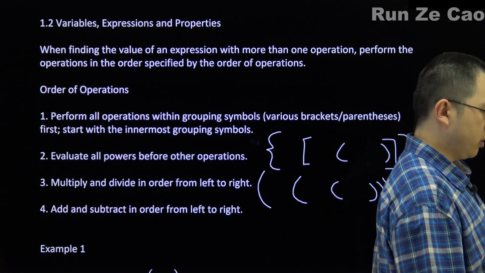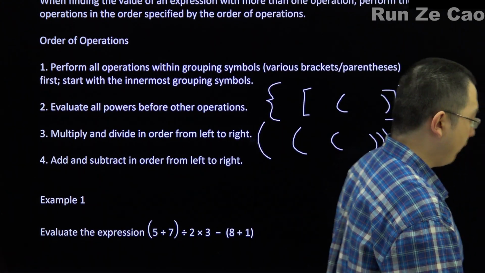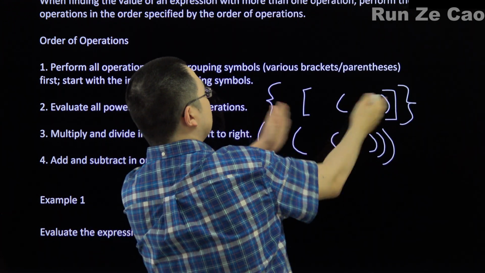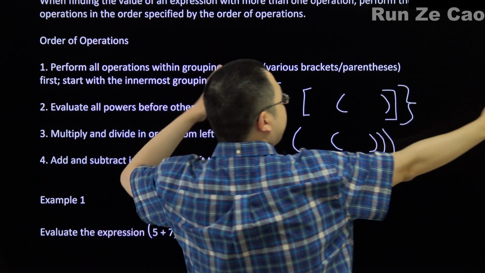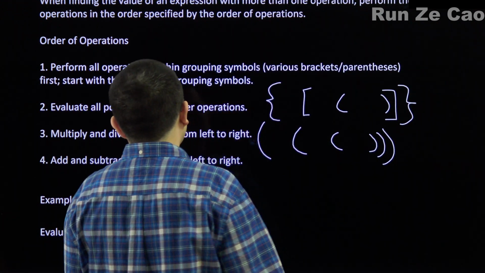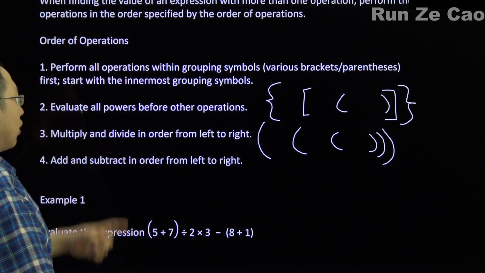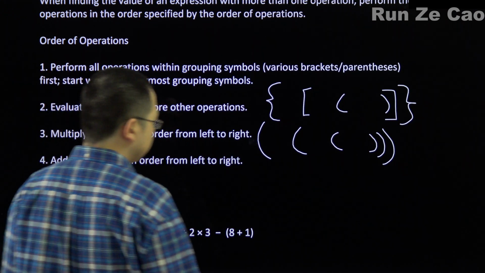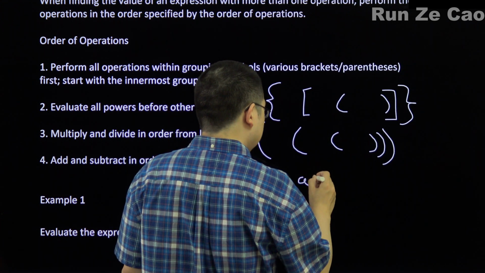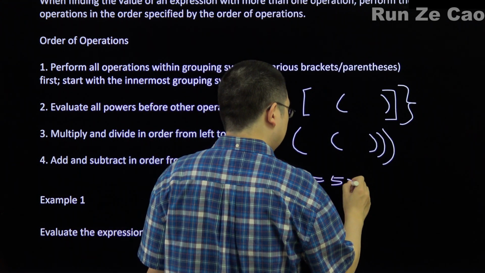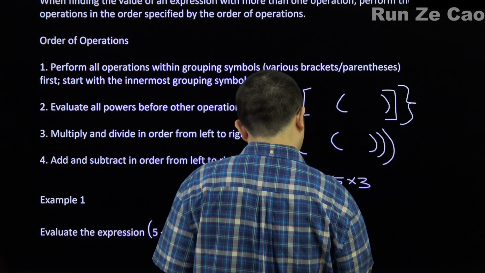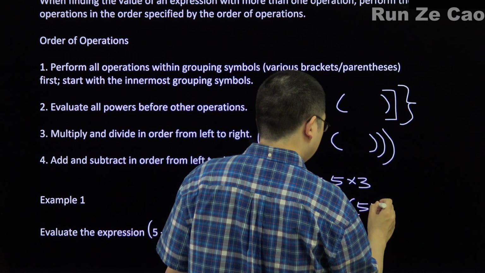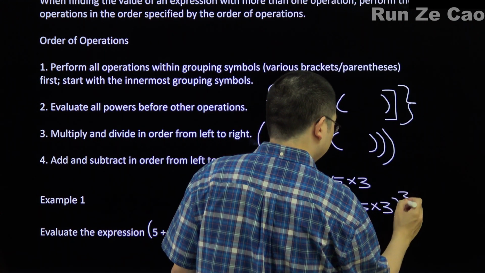So, you start with the innermost grouping symbols. That means you do this part first, and then you do this, and then you do the rest. And then whatever's outside. Now, you evaluate powers before other operations. Why? Well, let's say a is equal to 5 times 3. Well, what's a to the third power? Well, that's equal to 5 times 3 to the third power.